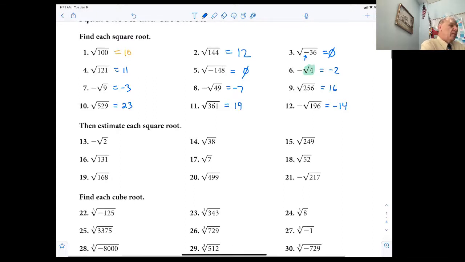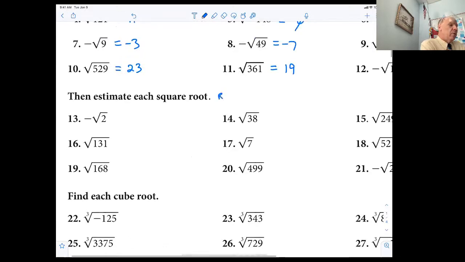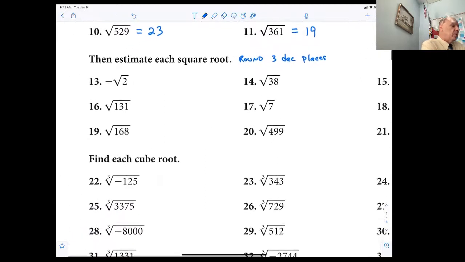All right. Now, in math, we say we round to 3 decimal places. All right. So that's what we're going to be doing on these. All right. So the square root of 2. Everyone should know it's like 1.414.